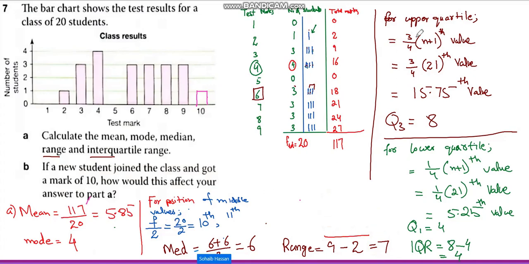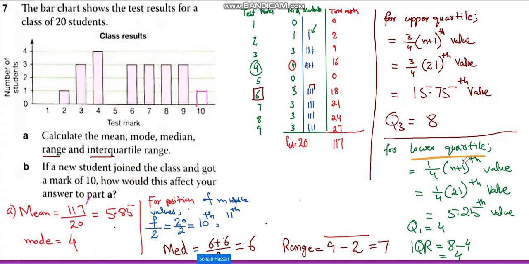Similarly, if we talk about upper quartile and lower quartile, we need to do proper working, and we need to see if we get different Q3 and Q1, or we get the same values. It depends, but we need to do proper calculations. We just need to change the n to 21. So in total, n plus 1 becomes 22 over there. So we need to find 3/4 of 22, and we will see what we get as the upper quartile.